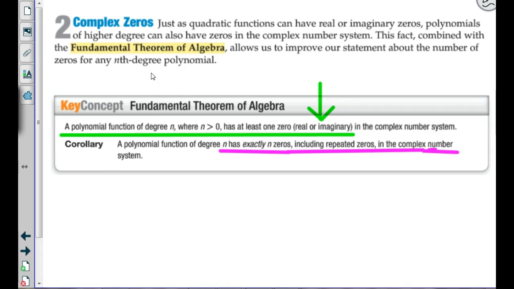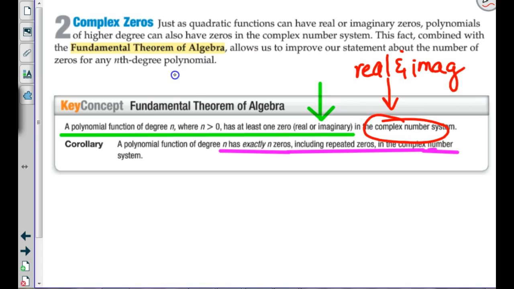Complex zeros, guys, occur. Remember when we talk about complex number system, it includes imaginary and real. So complex would be like a 0 of 2, a 0 of 3i, a 0 of -2 plus 5i.